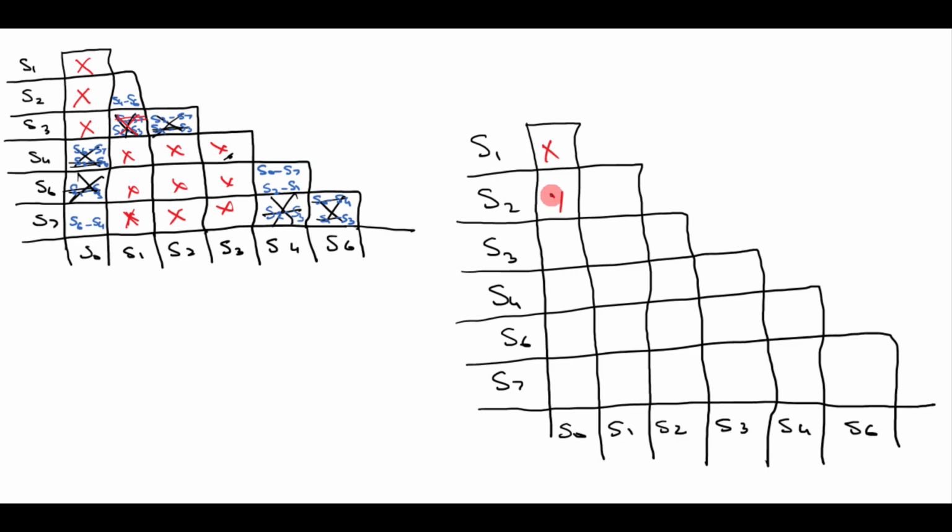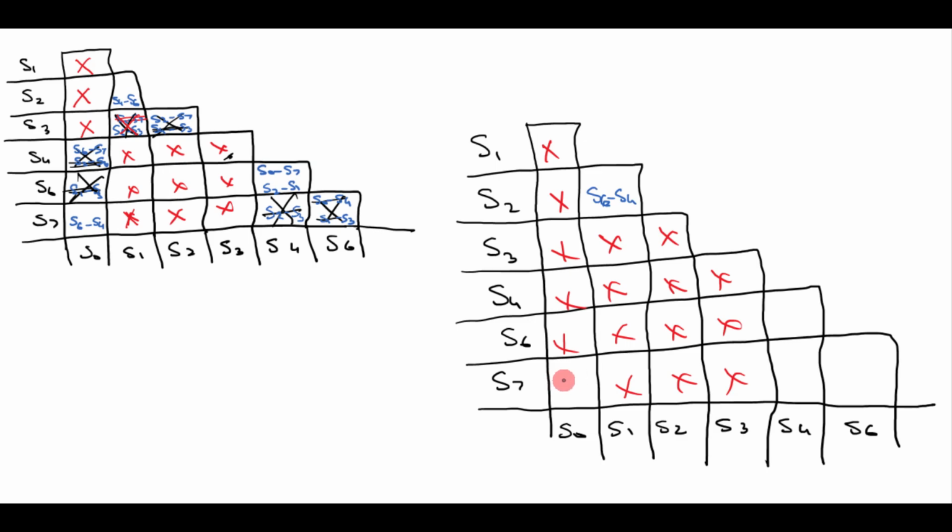So here you have crosses. These states cannot be equivalent. Whereas here you have S6 and S4.